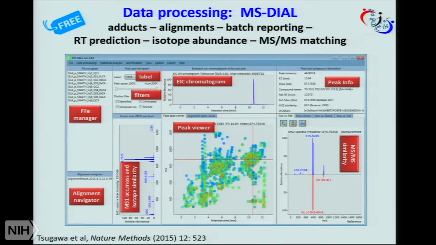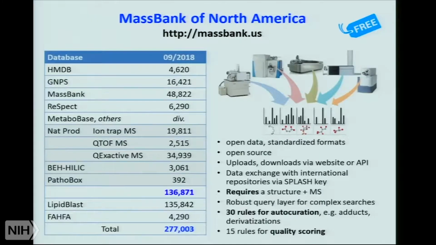For example, MS-Dial is a tool that is freely available, open access for untargeted assays, including the identification of unknowns by spectral matching. So this is one mass spectrum you see. And the identification works best if we have a giant database behind it.